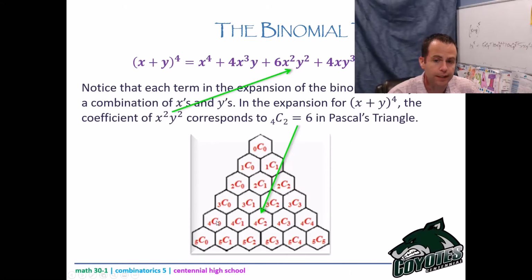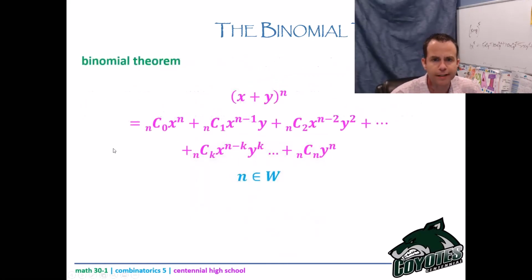And notice it's the 1, 2, 3rd term in. So when I want the 3rd term in, that r value in nCr has to be 1 less than the term number, okay?